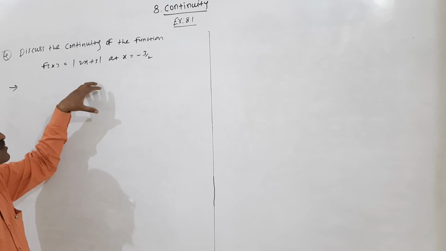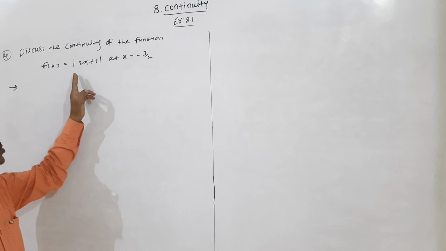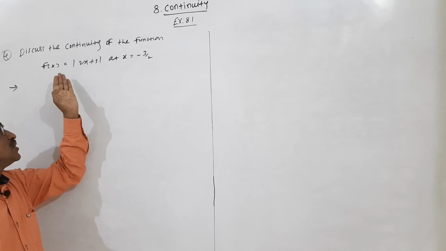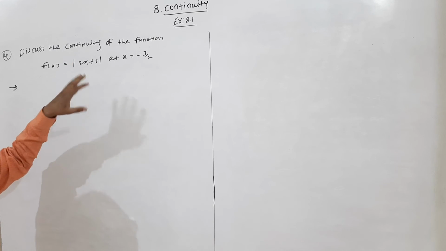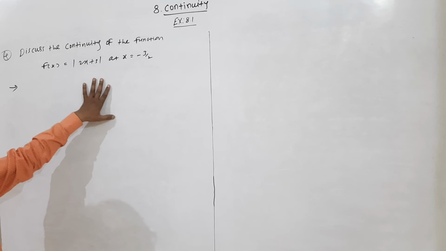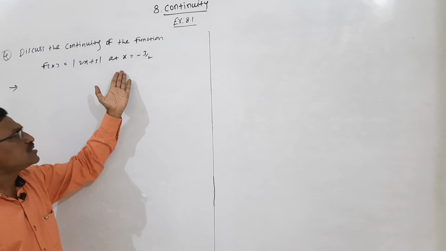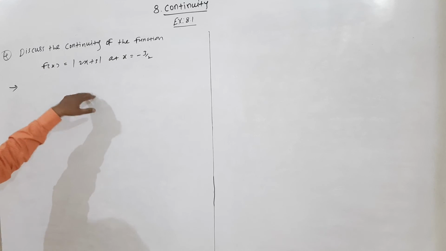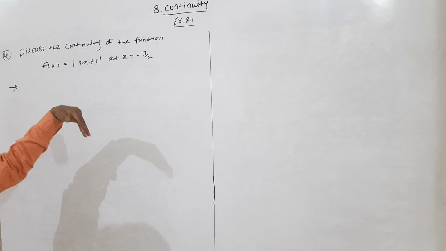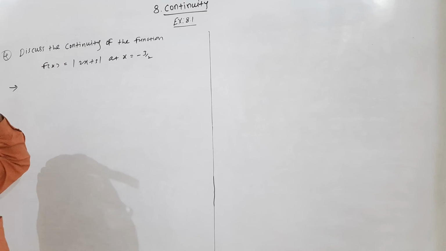That's why its values have two possibilities, plus or minus. If x is positive, then the value is positive. If we take the values of x negative, then it is negative.